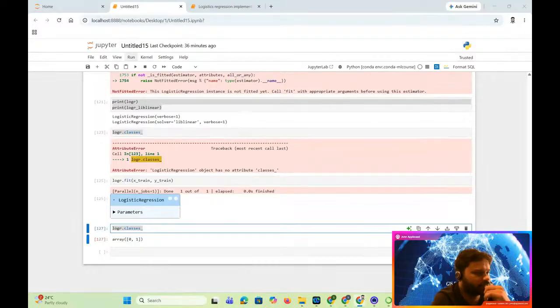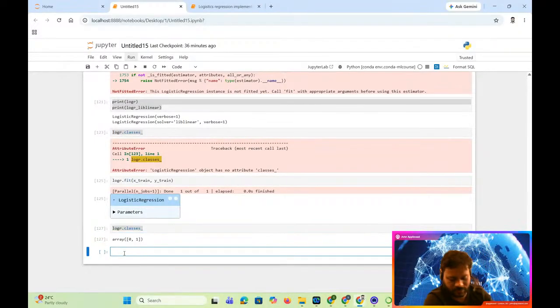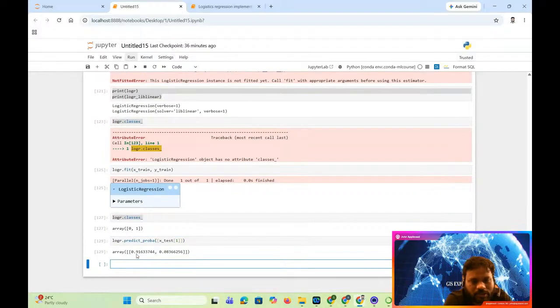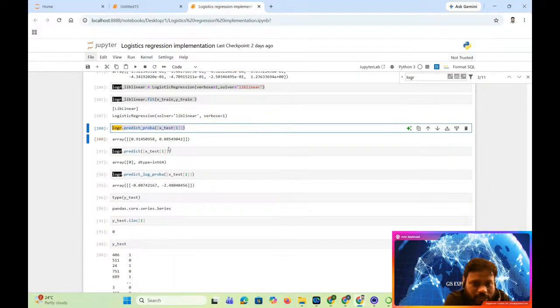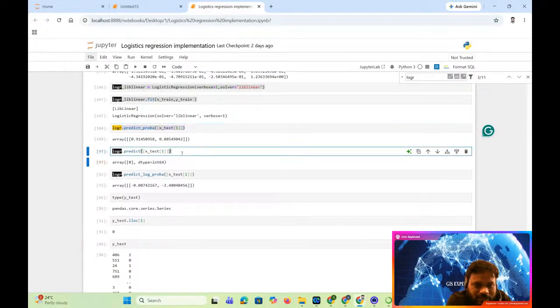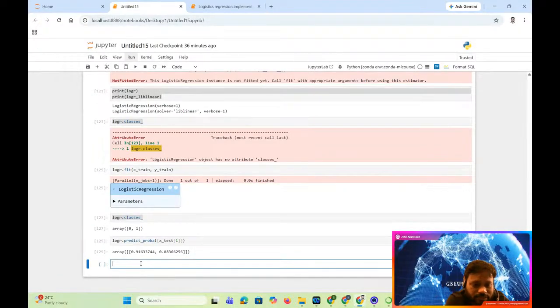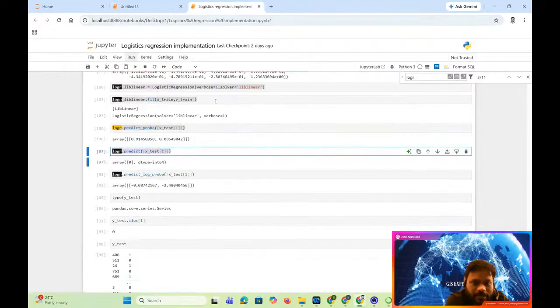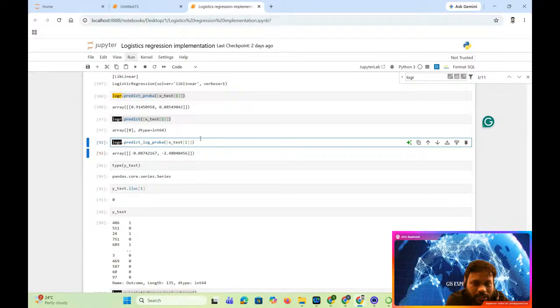Okay, now this can work because it is already fitted. Now see what will happen. Now it is okay. Now logr predict is working. Okay, see here. Now do this one. Now it is working.